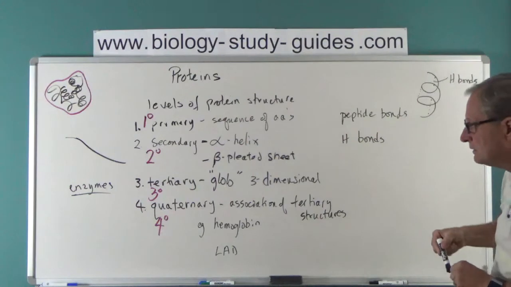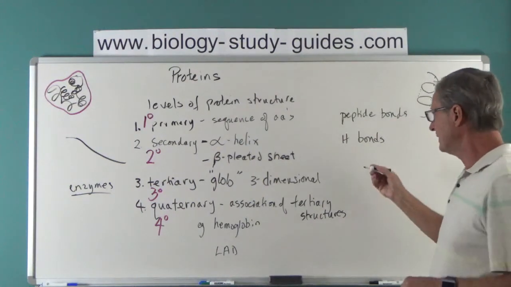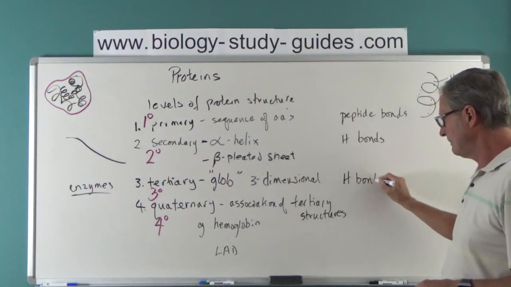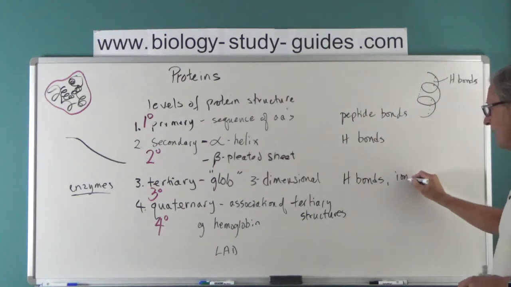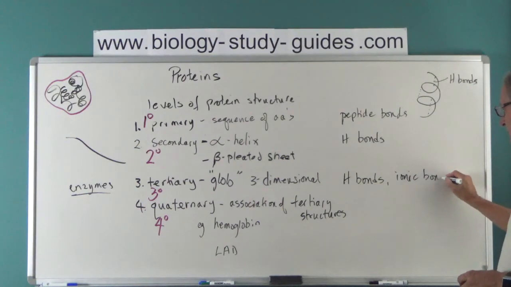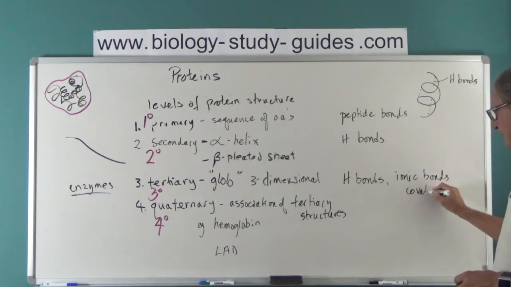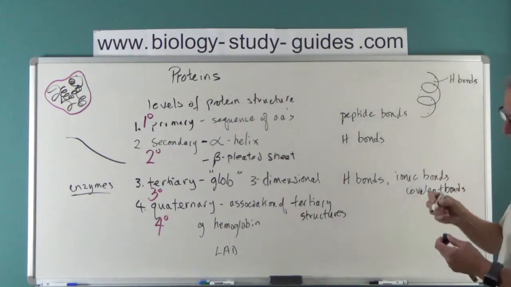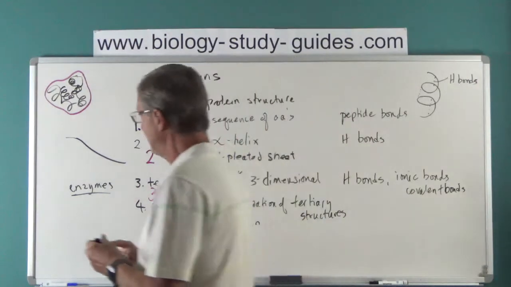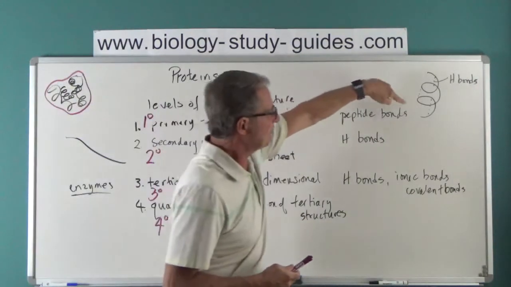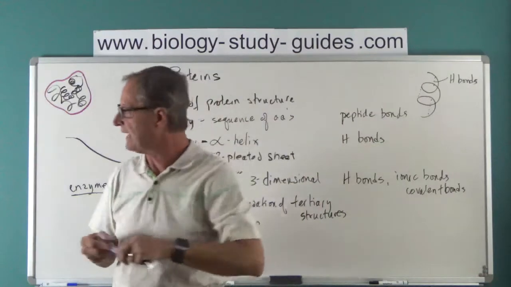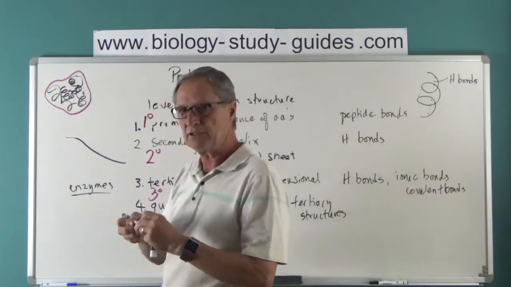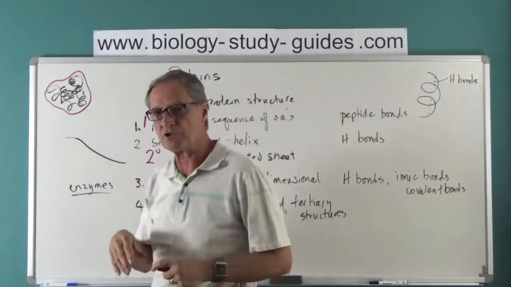This one, tertiary here, is held together in addition to that hydrogen bonding by hydrogen bonds again. But you can also have some ionic bonds and covalent bonds. Now let me explain how that happens. By the same reasoning, if you get different dipoles held close together, you can have hydrogen bonds forming in different parts of the molecule. So you do get hydrogen bonding within that three-dimensional structure.